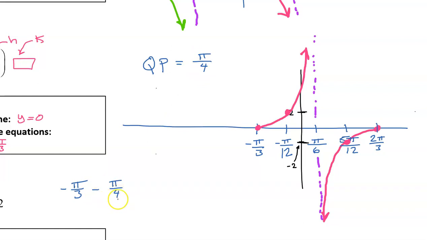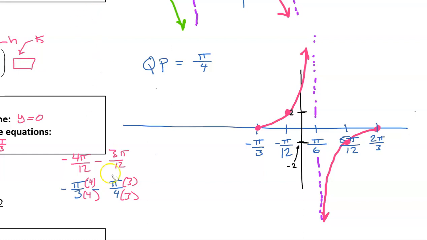Remember, when we make like denominators by having 3 over 3 and 4 over 4 like this, we discover that these are the same as having negative 4 pi over 12 and minus 3 pi over 12.